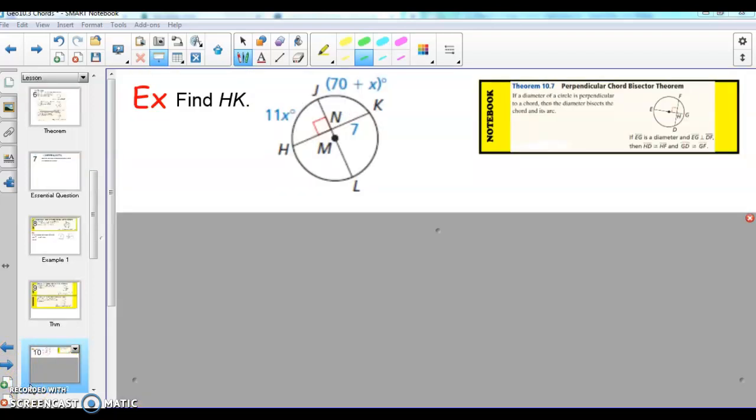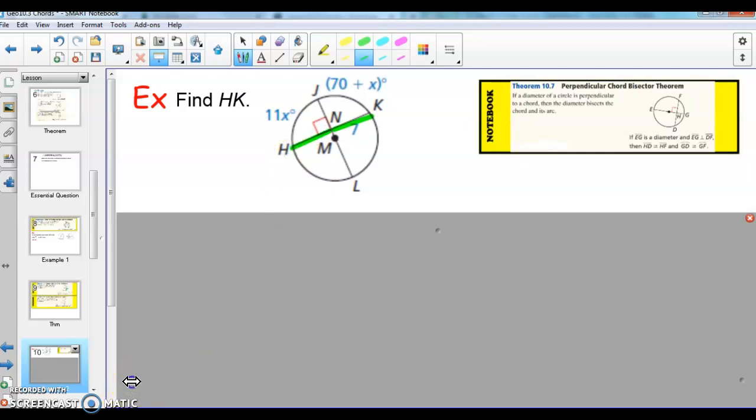Here is an example of the perpendicular chord bisector theorem. In this figure, we're supposed to find the length of chord HK. According to the theorem, JL is the diameter and it bisects the chord HK. So that means if NK is 7, NH is also 7.